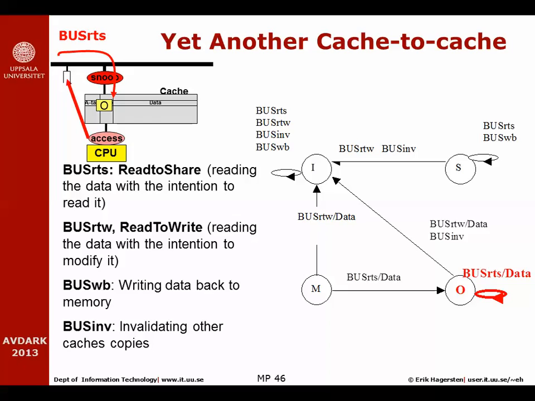So if there aren't any more read to share requests heading for the middle cache, well, it's already in state owned, so we don't need to change state, and we also need to reply data to those requests. I'm not going to show that down at the dual tag level.